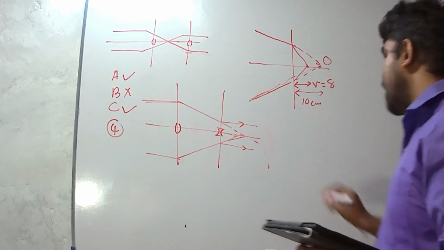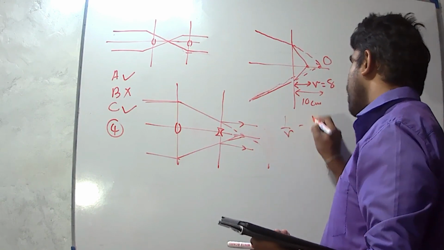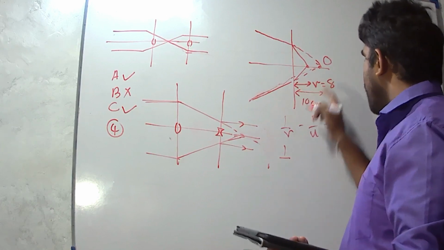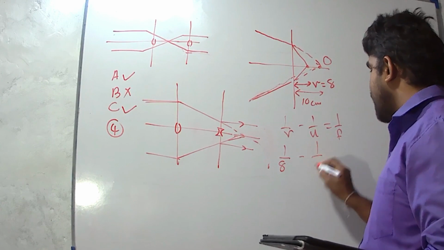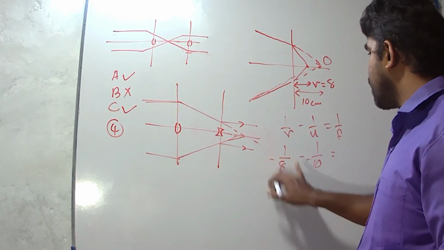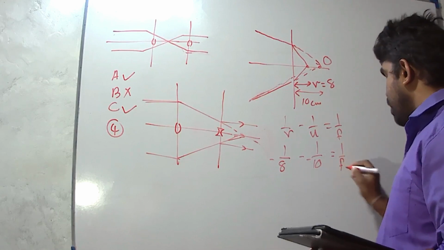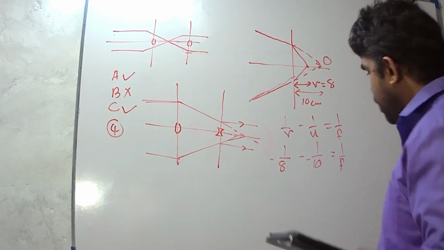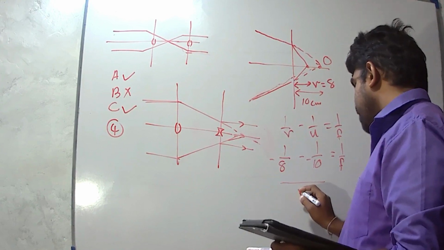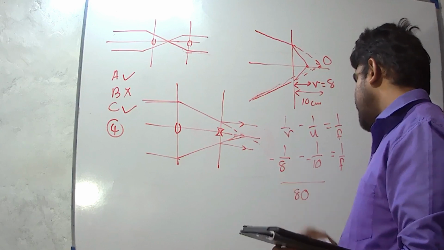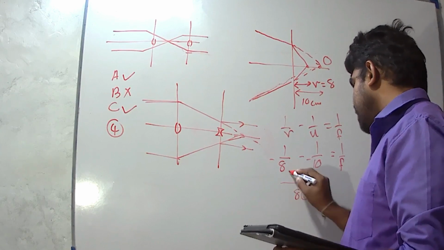Then we can use the lens formula: 1 over v minus 1 over u equals 1 over f. Image distance is 8, object distance is 10. Both values are minus: 1 over 8 minus 1 over 10 equals 1 over f. Then we can simplify. LCM 80. 80 divided by 8, 10.